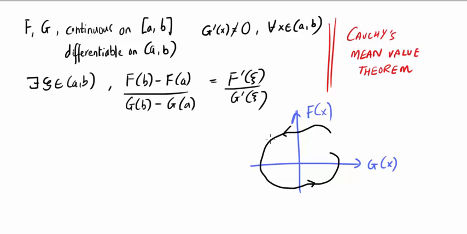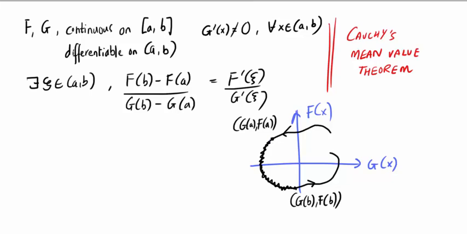Now let's pick some value of x, which we'll call a, and some value of x which we'll call b. The shaded part of this contour represents the range AB.